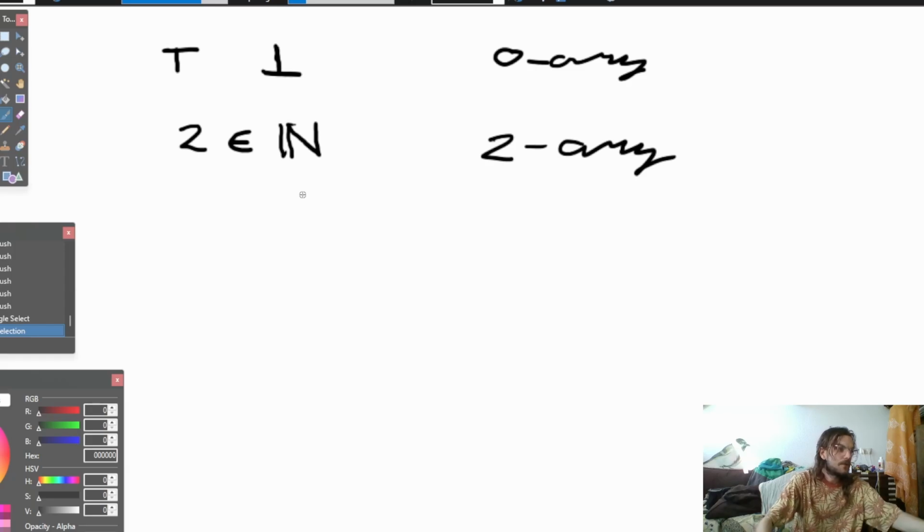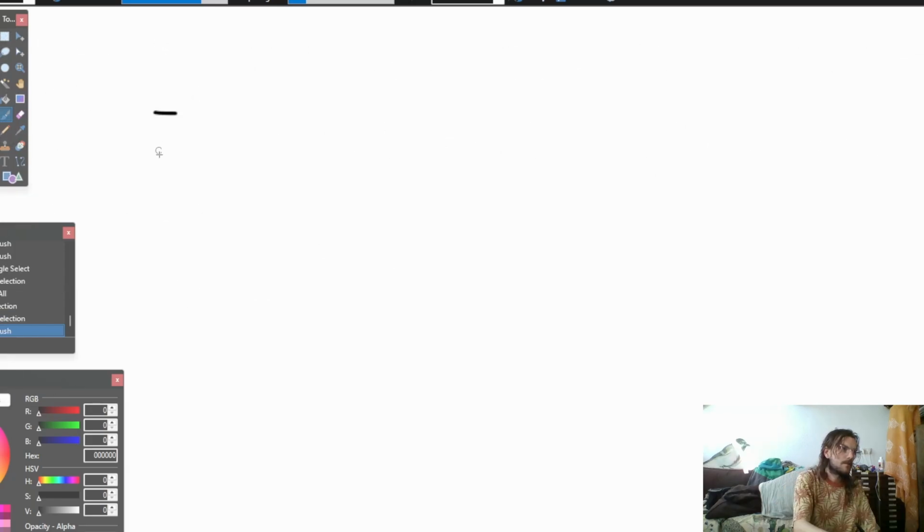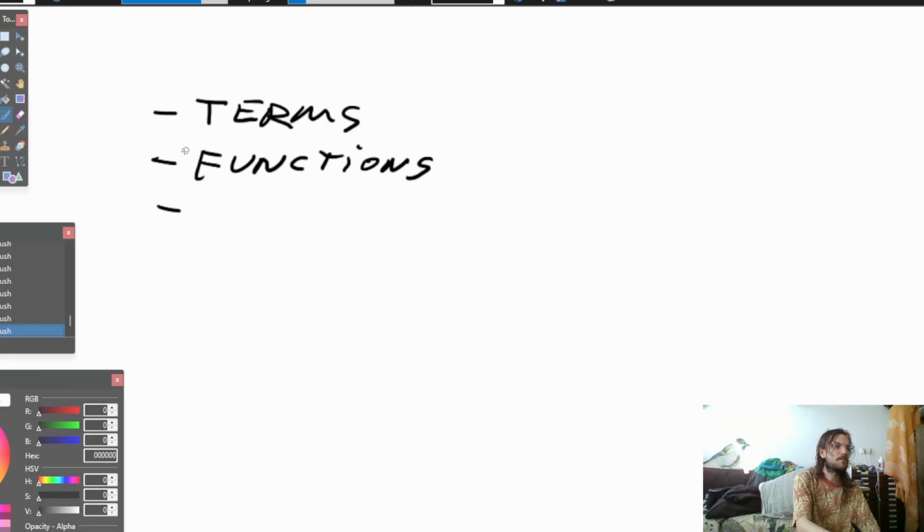So time for a little recap. The 3 most important symbols in mathematics are terms, which are your basic objects, functions, which map terms to different terms, but sometimes it's a bit blurry what is a term and what is a function. And I just want to give one more small example of that, and that is functional analysis, or quantum mechanics uses this a lot.